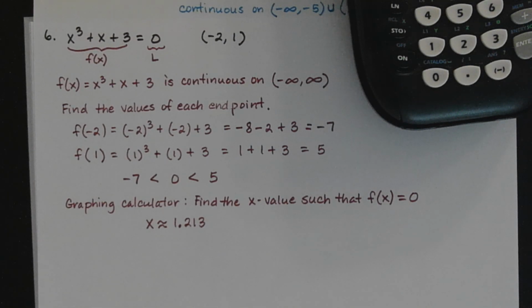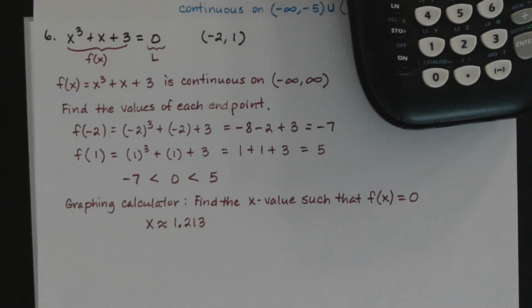Got the right graph, but then when I did second trace, intersect, put the cursor on top of that x-axis point of intersection, and then hit enter 3 times. Okay. All right, thank you.